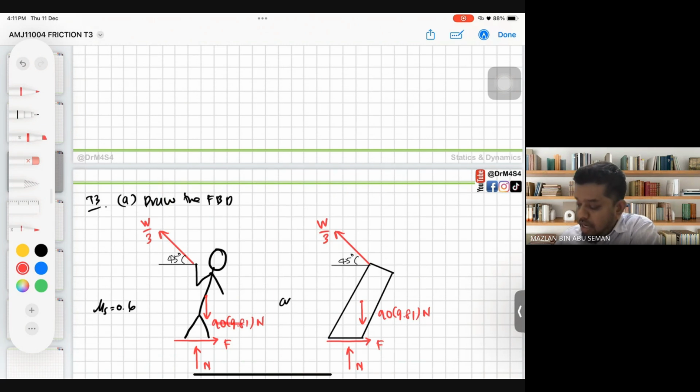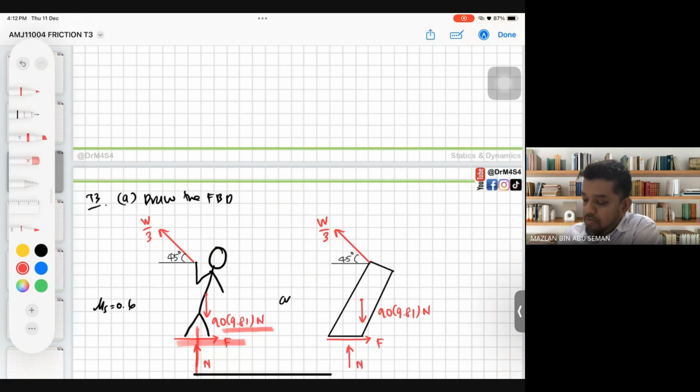Due to the weight, it is 90 times 9.81 Newton. Due to the friction, we have F, and we have normal force upward, normal force N. So here we have F, the friction force on the man's feet, on his shoes or whatever.